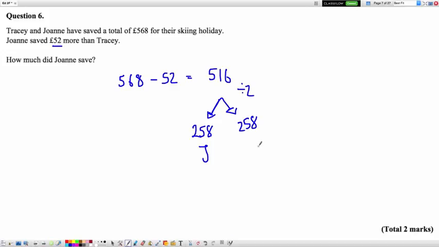So we have Joanne and Tracy, and Joanne has £52 more, so we add 52. So this here then is the total for Joanne, which is £310.